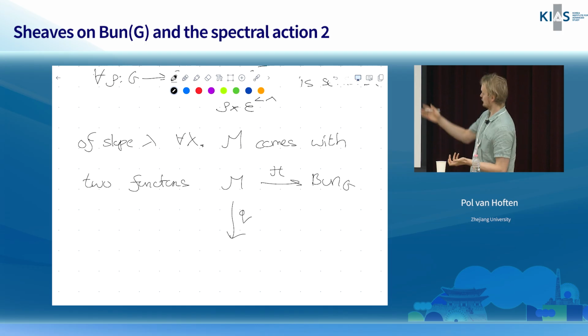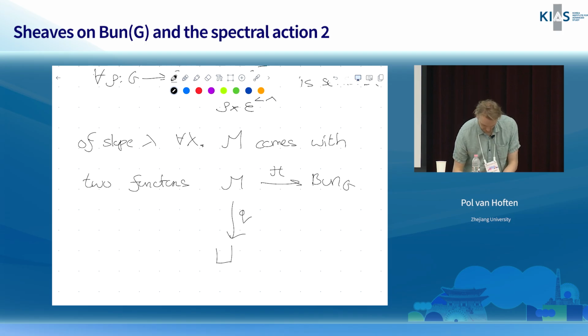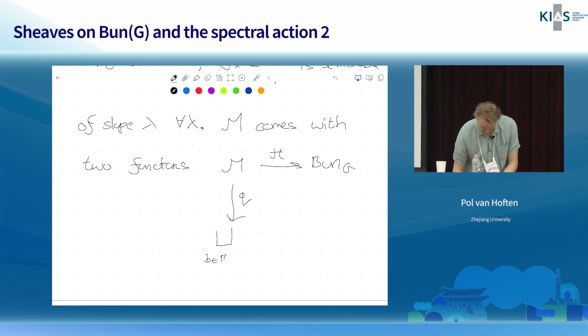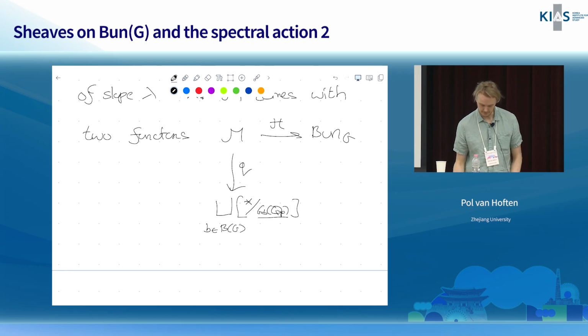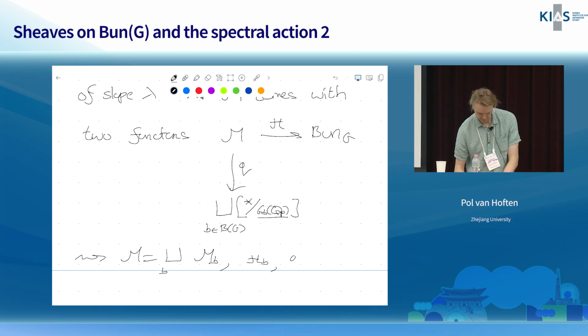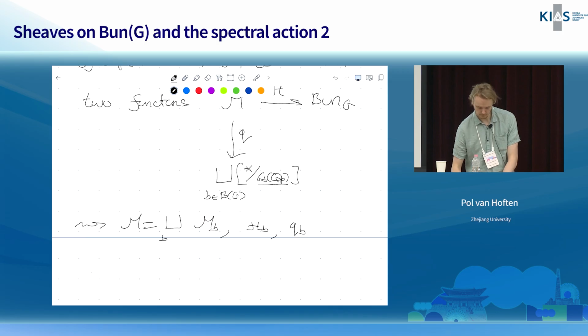It goes to the moduli space of semi-stable vector bundles, which in G bundle language is the direct sum over B of B G of point mod G_b(Q_p). So M is a disjoint union over B of M_b, and I also have pi_b and Q_b.